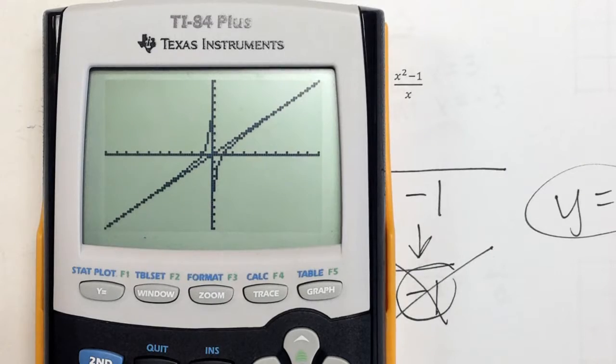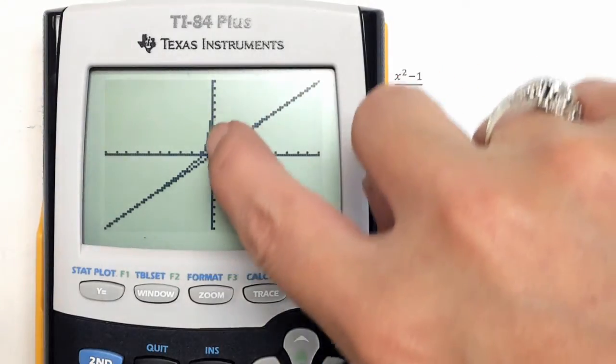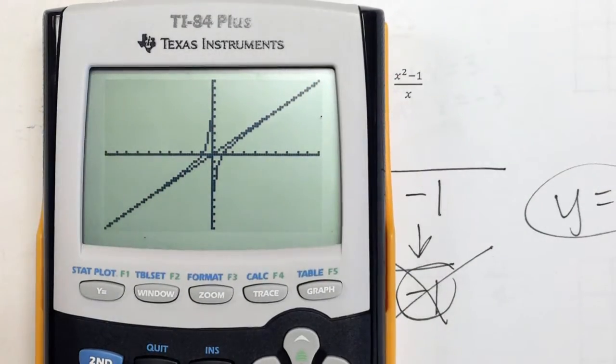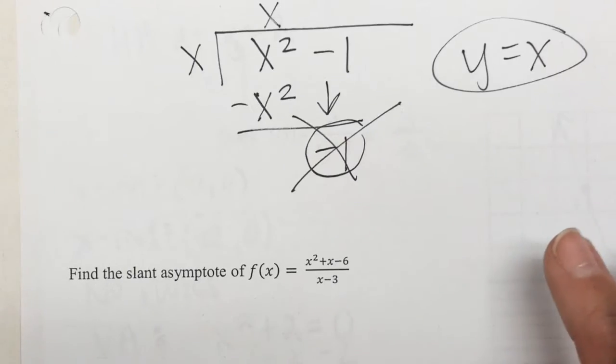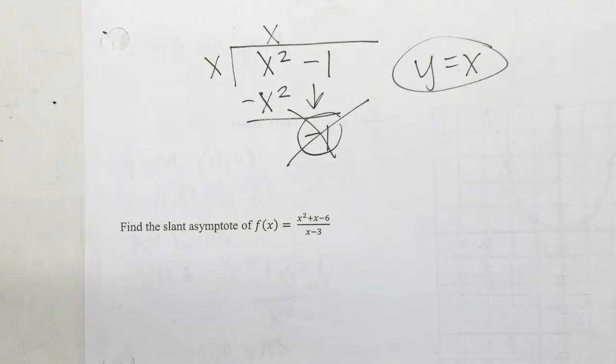And you can see that's where our asymptote is supposed to be, because it approaches it, but never touches it. Any questions? Do the last one on your own. Find out where the slant asymptote is, then check with your graphing calculator.